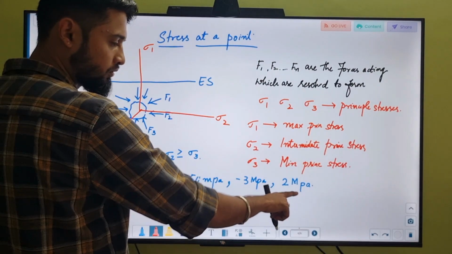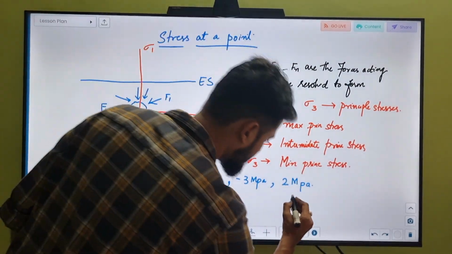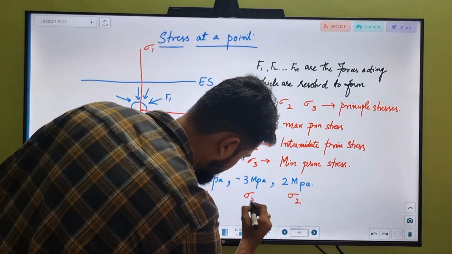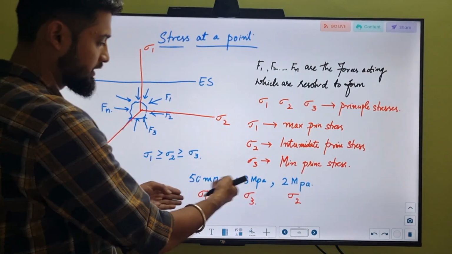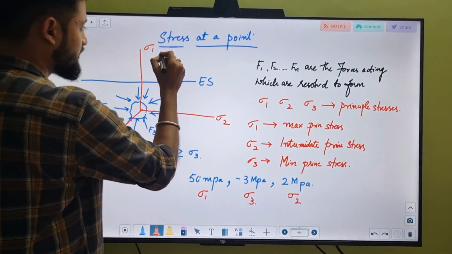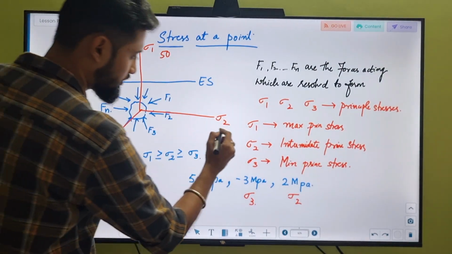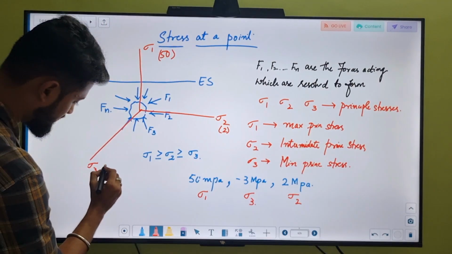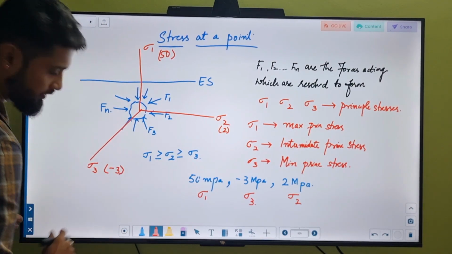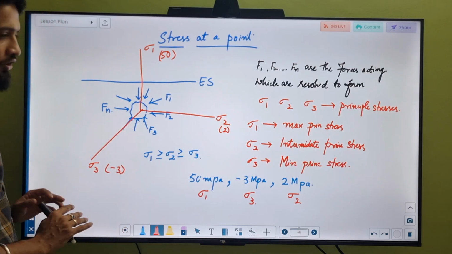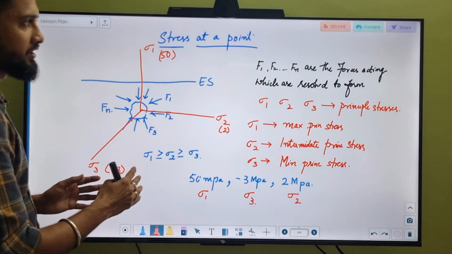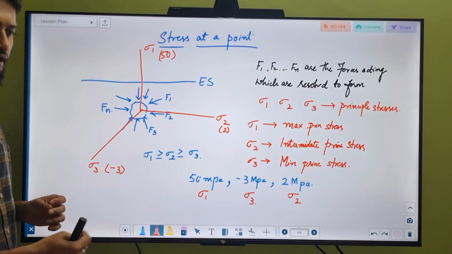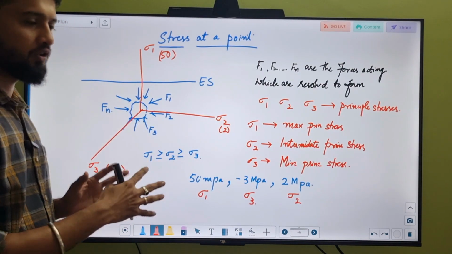Then 2 is the intermediate, so it becomes sigma 2. Minus 3 is the least, so it becomes sigma 3. So sigma 1 will be 50, sigma 2 will be 2 and sigma 3 will be minus 3. I hope stress on a plane, stress at a point and stress force are clear. So that's all for the stress.